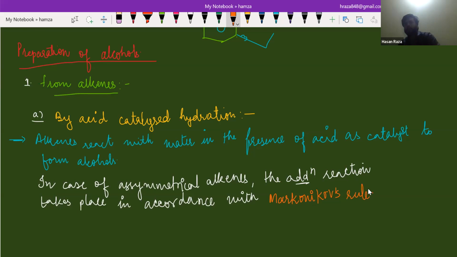So first you write it, and then I'm going to explain how the reaction will take place, and then we will talk about the mechanism of the reaction, which is very easy.